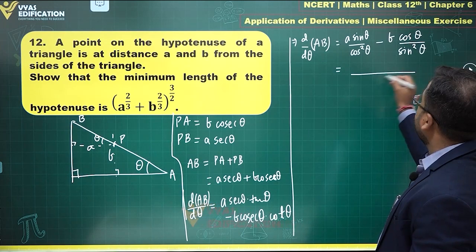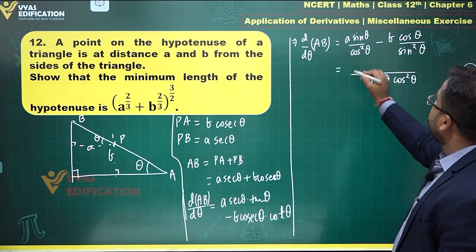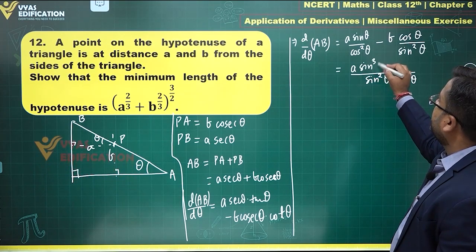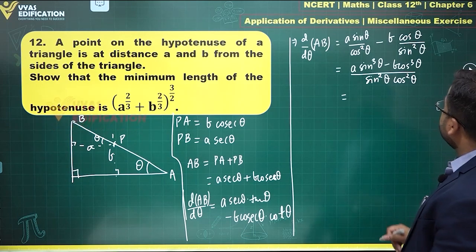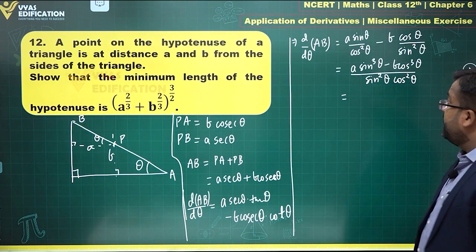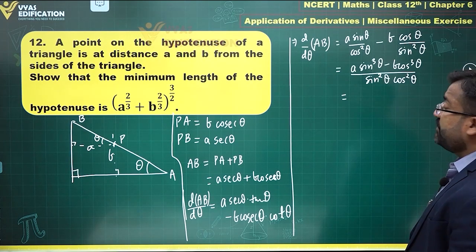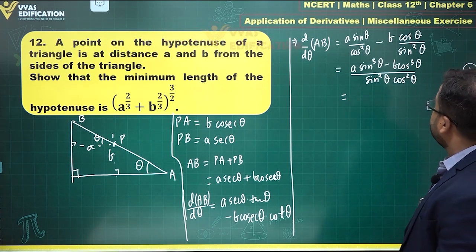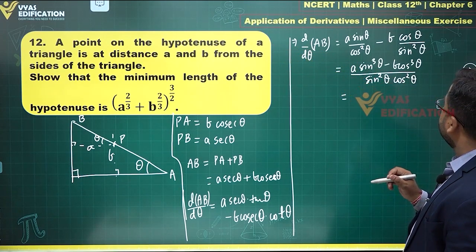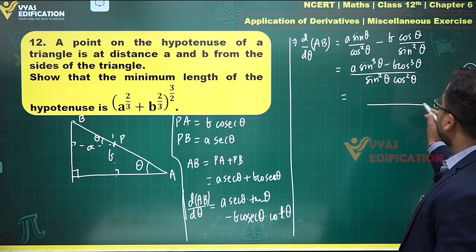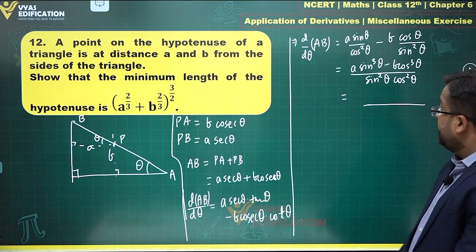If you take the LCM, which is sin square theta cos square theta, this becomes A sin power 3 theta minus B cos power 3 theta. What we can do is convert this in terms of tan, by dividing numerator and denominator by A cos cube theta, or basically multiplying and dividing by this.